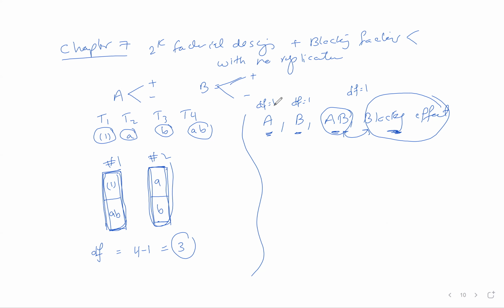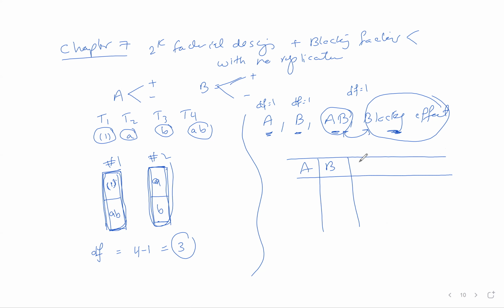So how do I select these 2, and these 2, such that I make the highest order interaction confounded with the blocking effect? You look at the pluses and minuses table. Let's go to the plus and minus table. This is a pluses and minuses table when we have 2 treatment factors, each with 2 levels.